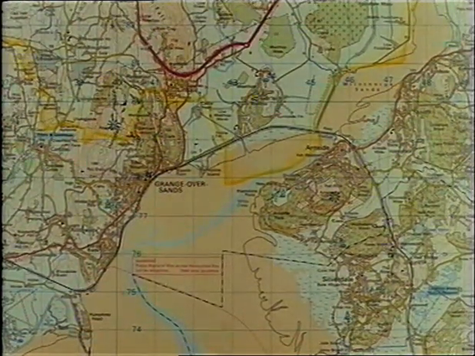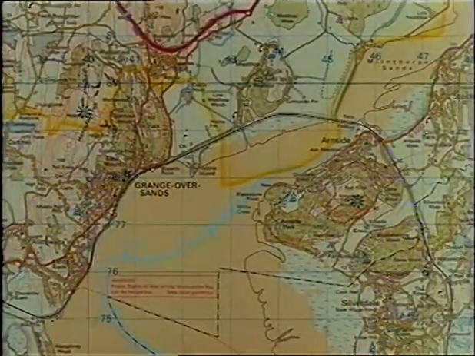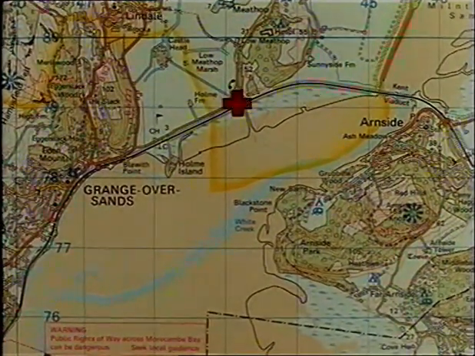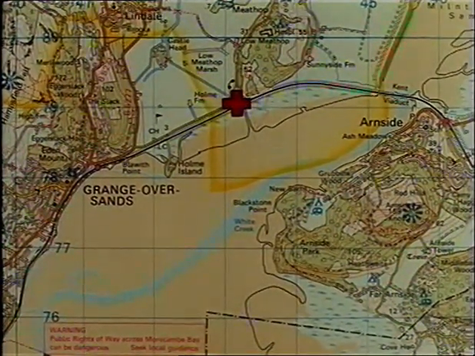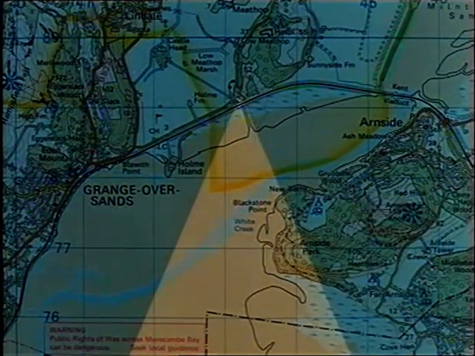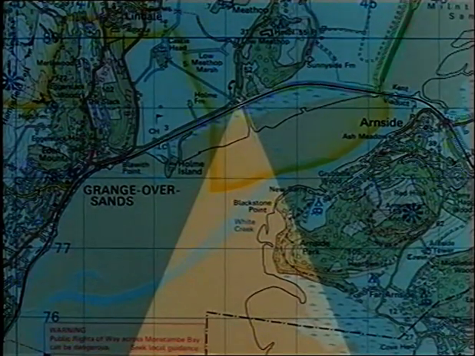Although contours are the basic source of information about intervisibility, they aren't the only one. Suppose you're standing here and looking south across Morecambe Bay. What kind of view will you have? Set the map.